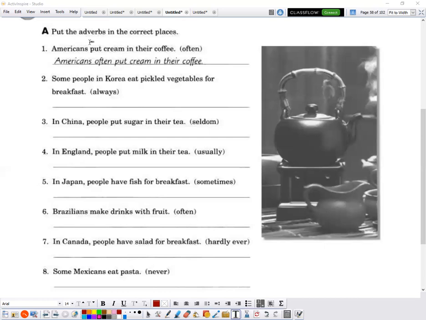In other words, let's say if you visit your grandparents every weekend, it means that you always visit them, right?